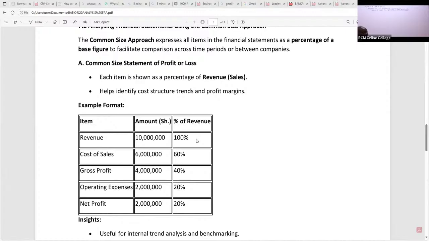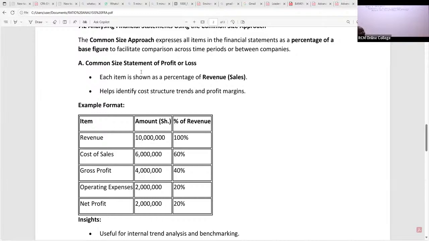So like the first percentage, you will take 10 million over 10 million times 100. This one, as a common base, will be 6 million over 10 million times 100. Everything, you divide by the common base. Our common base is revenue.